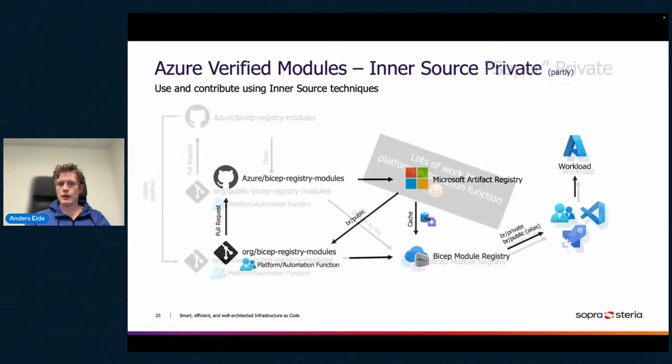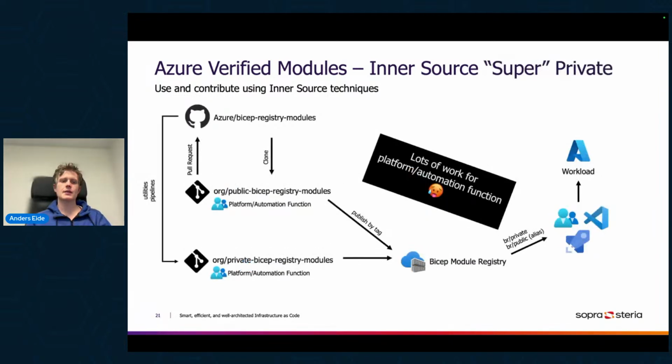One of the latest, most private and secure patterns that we're seeing, which takes a lot of effort, is also inner sourcing the complete registry from Bicep. So in this case, all the Bicep modules in the public repo are published by the tag to the internal registry, and in addition, a corporate platform automation function or team is developing private modules and publishing them into the Bicep module registry as well.